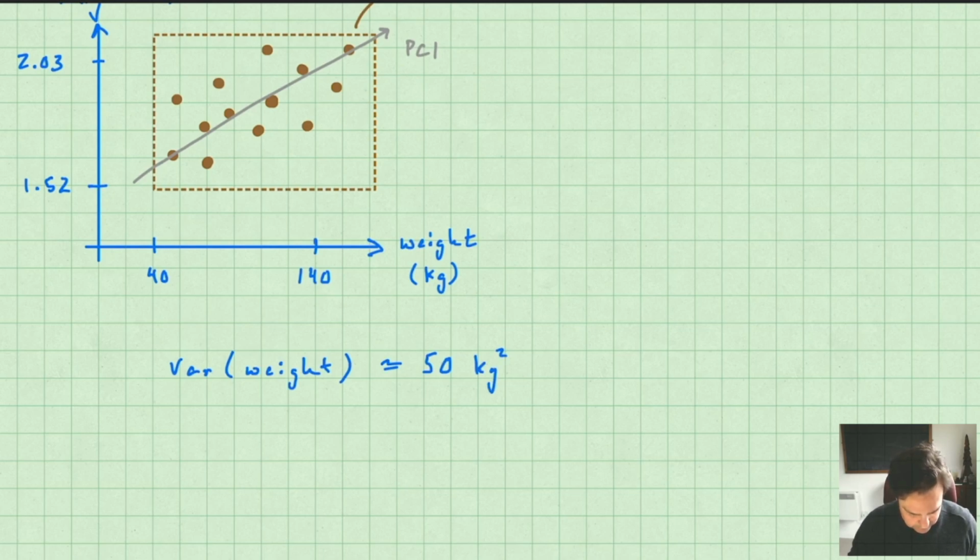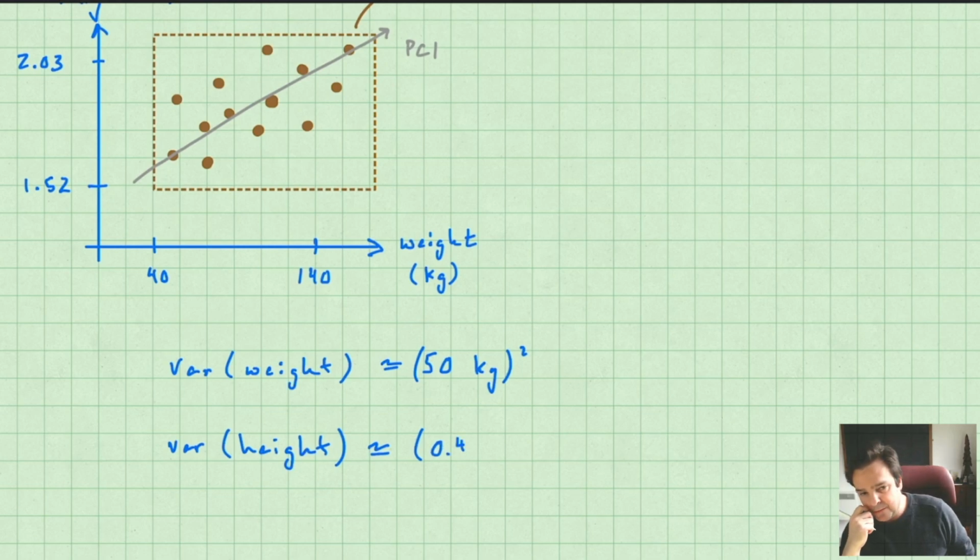And you look at the variance of the heights, this is about 0.4 meters squared.